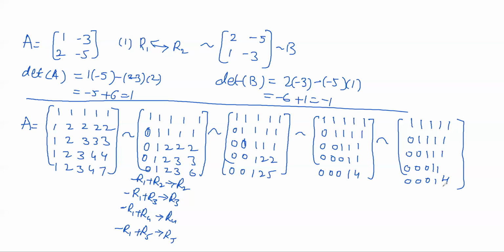Actually, these will be the diagonal members: 1, 1, 1, 1, and then the last one will actually not be 4. 4 minus 1 is 3, so the last one will be 3.